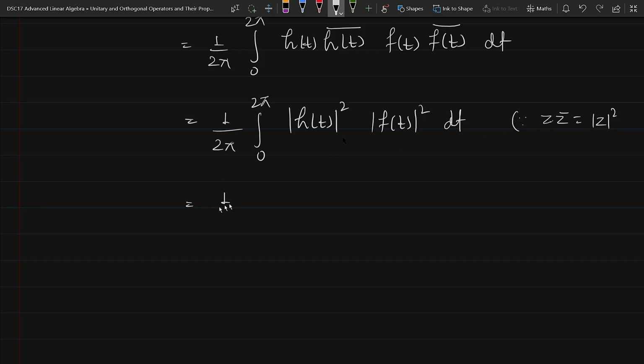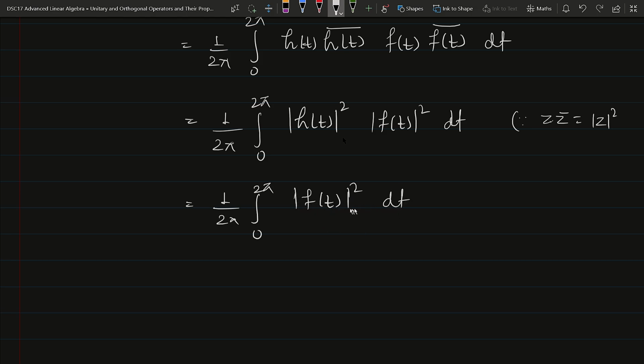Now this is equal to 1 upon 2π 0 to 2π, and we are given that this h(t) is of modulus 1, so this value will be equal to 1, and we remain with modulus square of f(t), okay, dt.